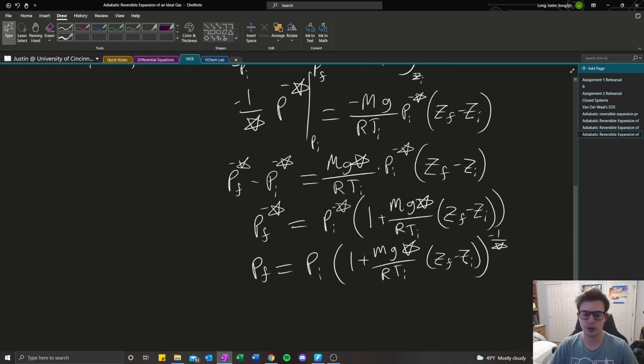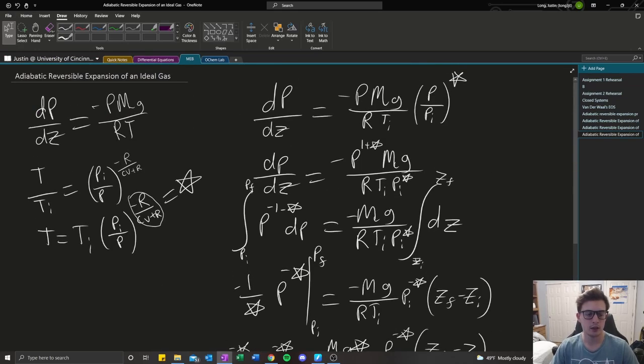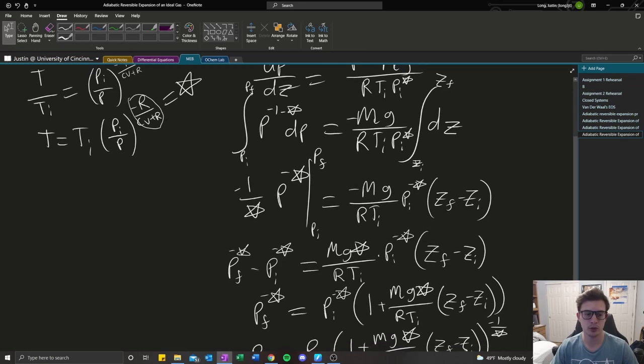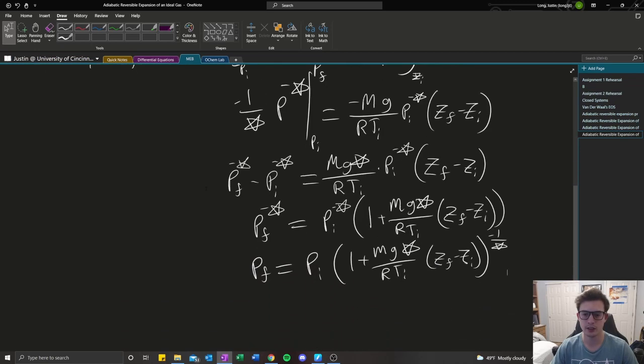Alright, so now we want to go ahead and plug star back in, and you see it's the negative reciprocal, so we are just going to get rid of the minus sign and then flip it. So we're going to end up with the final pressure is equal to the initial pressure times 1 plus molecular weight and gravity are going to stay the same.